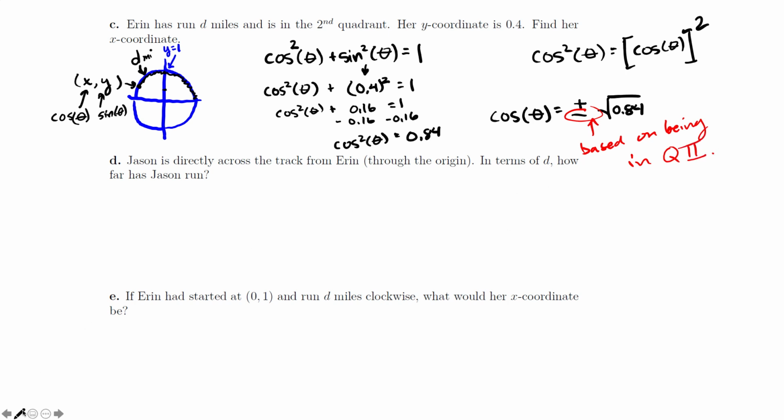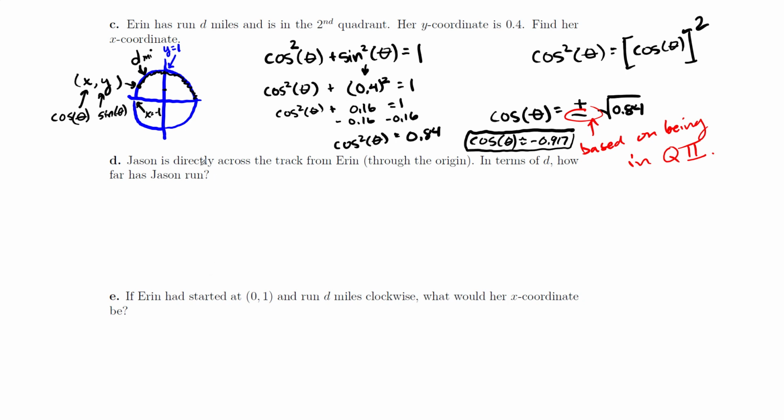So we can say that her cosine or her x value is the negative square root of that. I'm just going to give an approximation. So the cosine of theta is approximately negative 0.917. Okay, and that seems reasonable. We know that x equals -1 is over there, so this seems like an x value that's pretty close to -1.